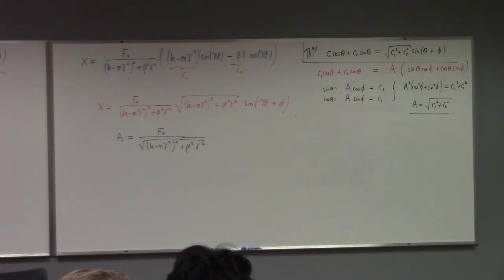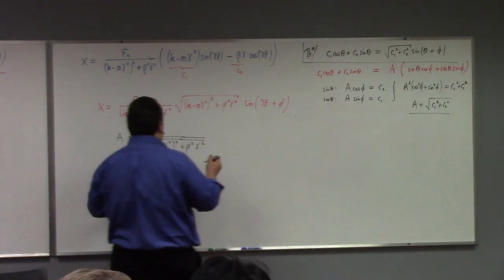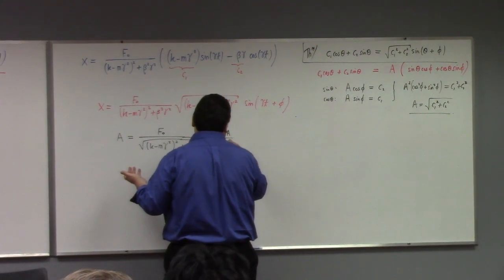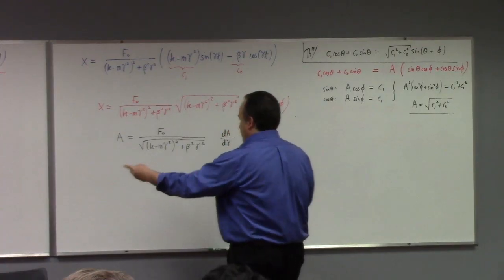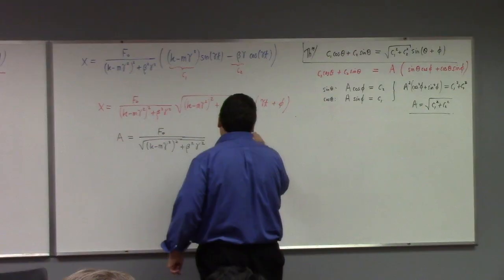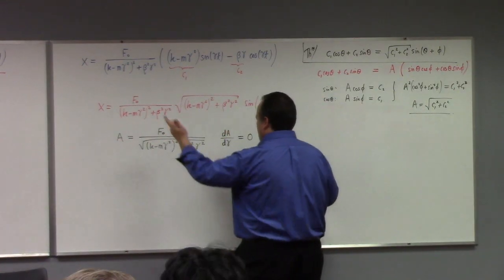Optimize derivatives? Yeah, so we're trying to vary gamma, right? So we need to look at dA by d gamma. Differentiate this thing. dA by d gamma equals 0 is what we're going to do. So forget the f naught, that doesn't matter.